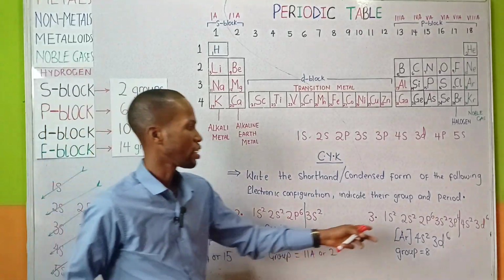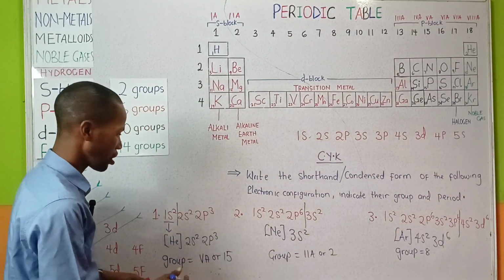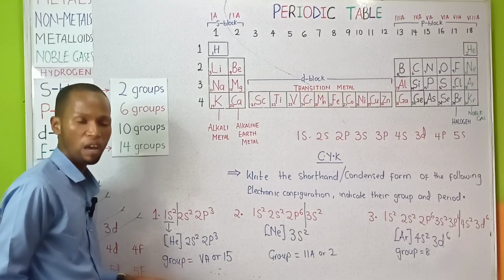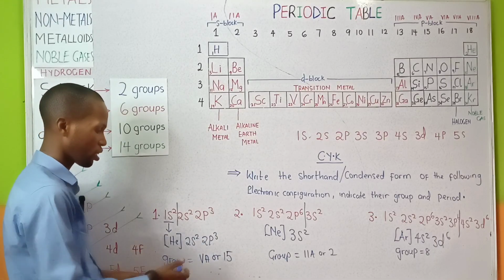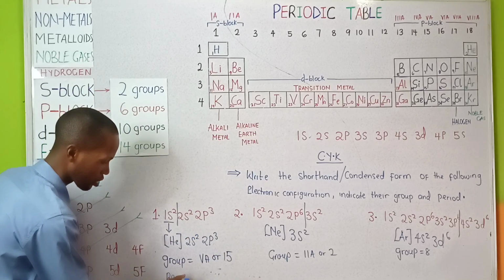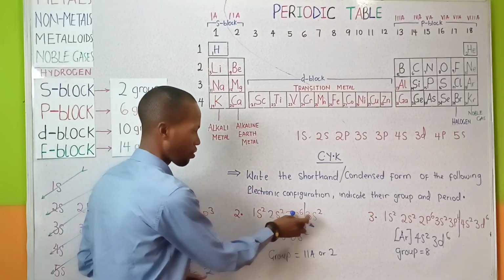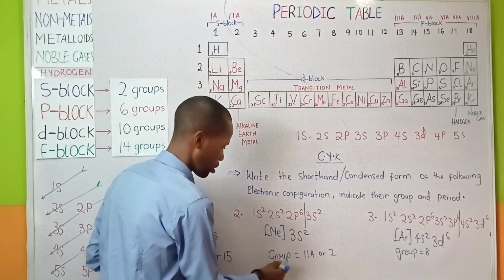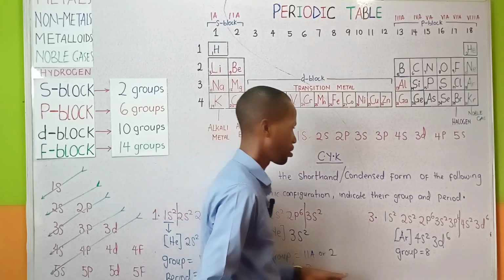The last part is the period. The period is being denoted by the coefficients of the configuration, the last orbital in the configuration. So the period here, the coefficient is 2. So the period is what? We have period 2. Right here, the coefficient is 3. The period is what? Period 3.